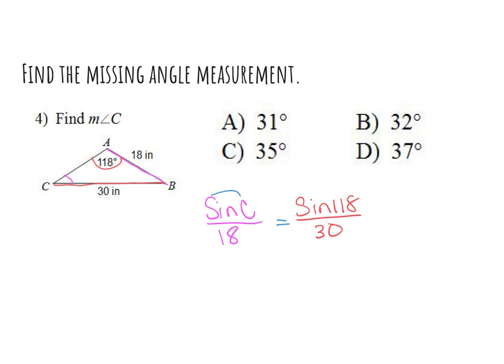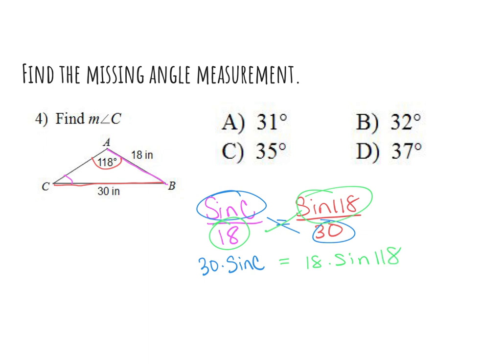I am going to cross multiply. So 30 times sine C is going to equal 18 times sine 118. I'm going to divide by 30 so I can get sine of C all by itself.